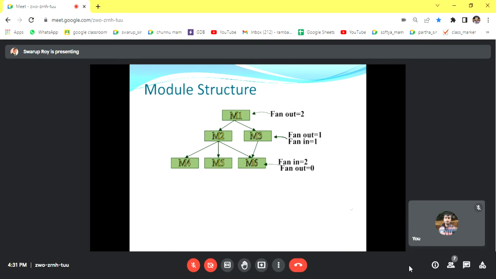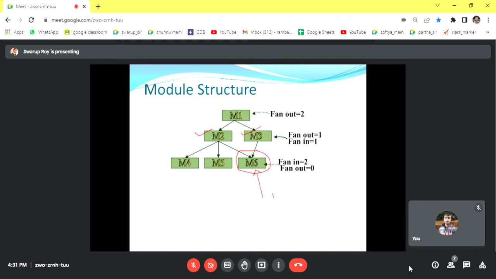Now you see this is the node where there is reusability. That means module M2 and module M3 are actually using M6. So that indicates reusability.